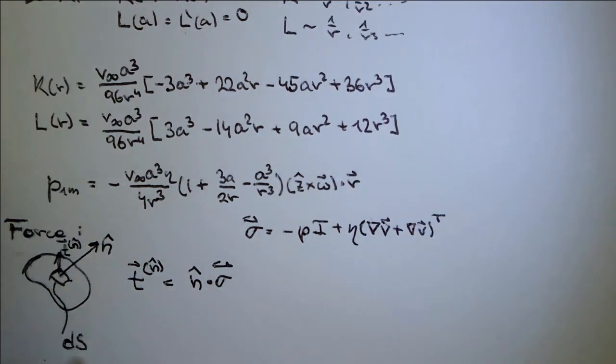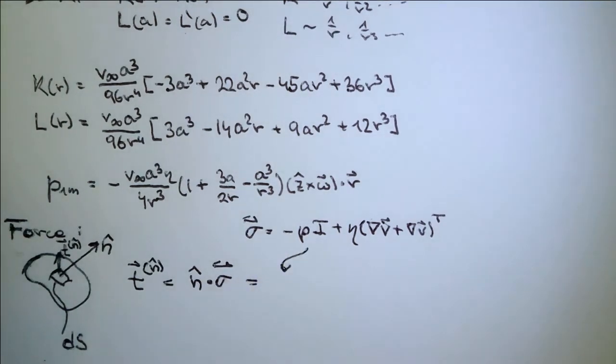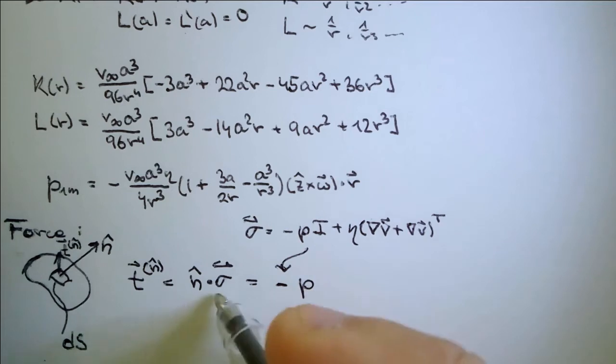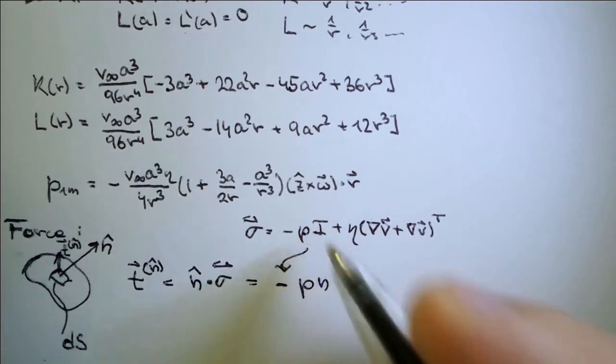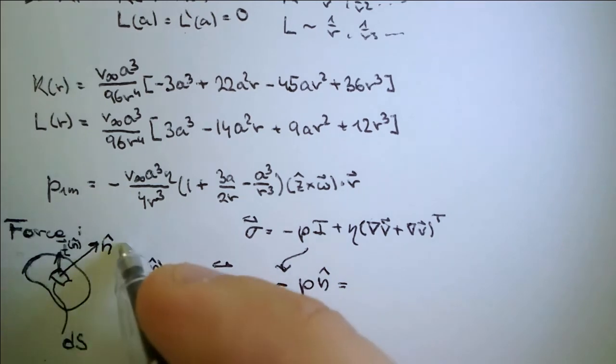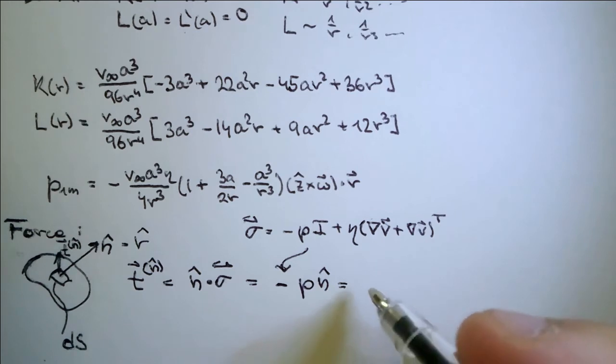So for the force, for the pressure term, it's minus P, and there is n dot identity, which is just n, and for the case of the sphere, the n vector is just the r hat vector.